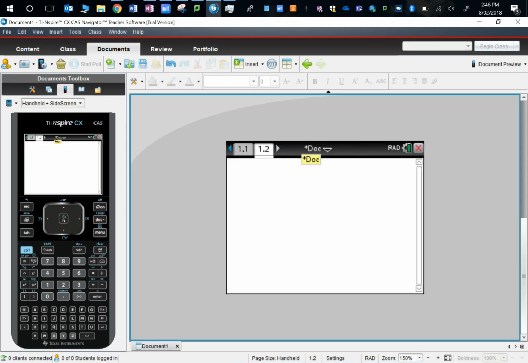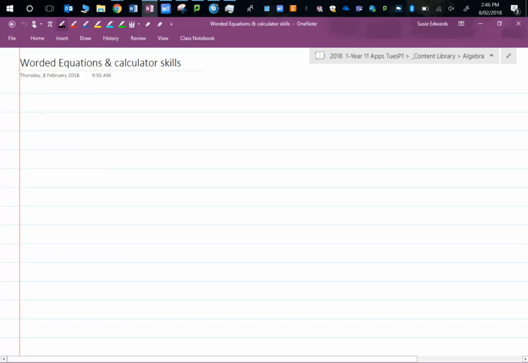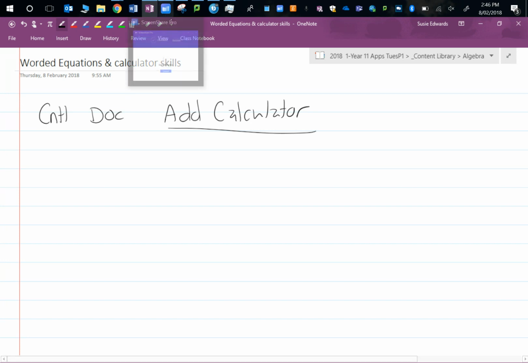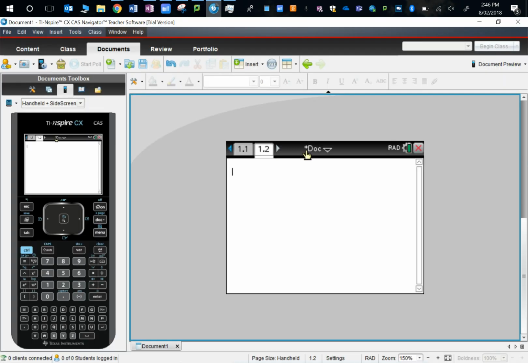I am going to always start from scratch because sometimes there are new people who haven't used their calculator. So control, doc, add, calculator. All solving is done in a calculator page, so you should have a page open up there.